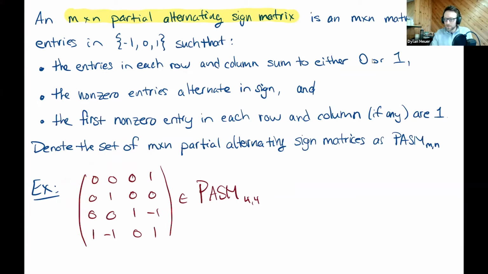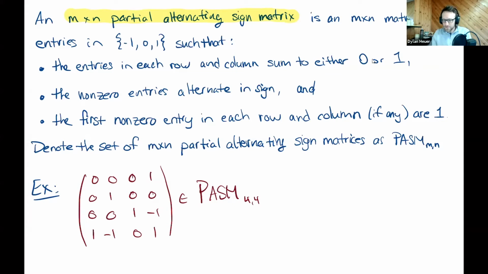This is a little different than the normal alternating sign matrix case in that we allow the row and column sums to end at 0, so we don't have to sandwich all the negative ones with a positive 1. We're also allowing rectangular matrices, even though the one I wrote here was square.